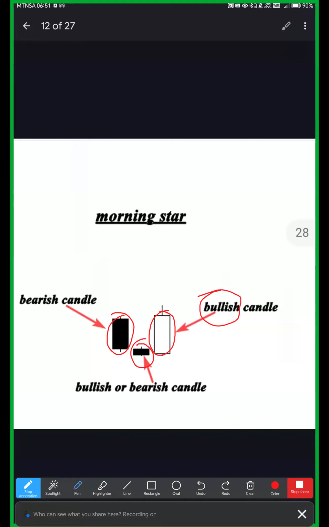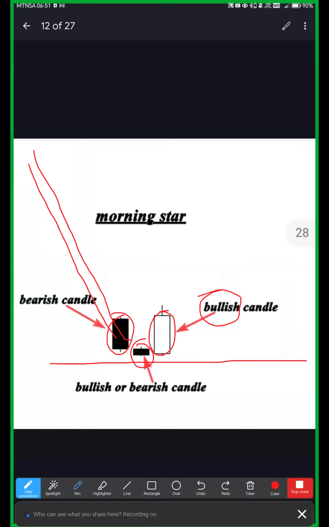Okay, so where do you locate it? It mostly occurs at the bottom of a downtrend. The market is trending downward like this. So when you reach the bottom here, where sellers normally rest, these are levels where price is supported.